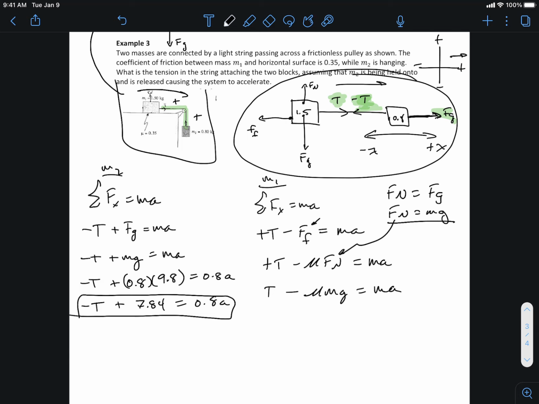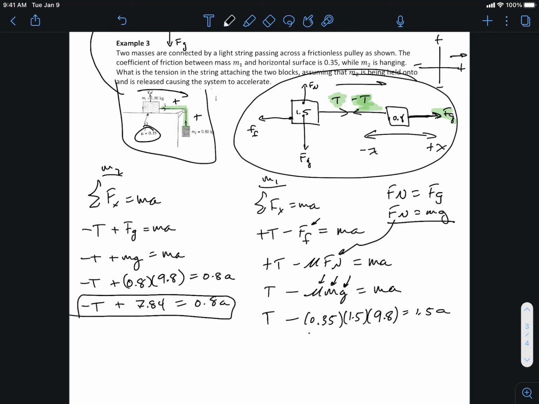It told you what mu was, you know what m is, and you know what g is. We're going to say tension minus mu, which will be 0.35, that's the coefficient of friction, and then the mass will be 1.5, and g will be 9.8, and that's going to be equal to 1.5a.